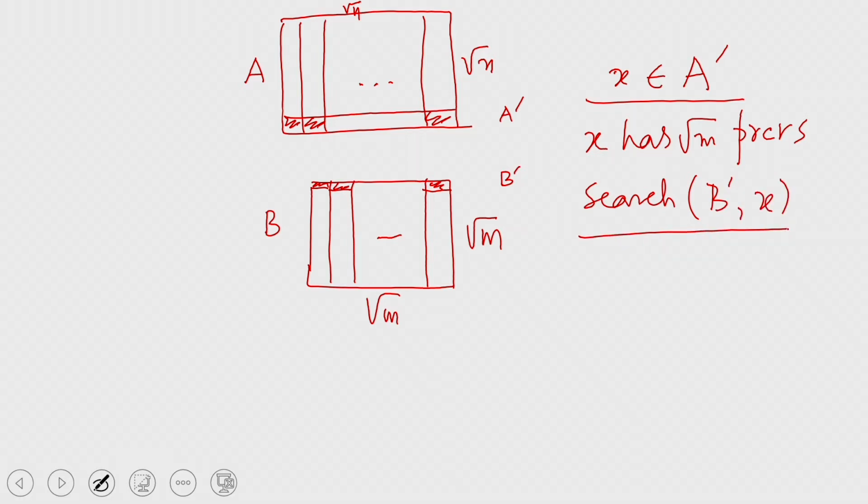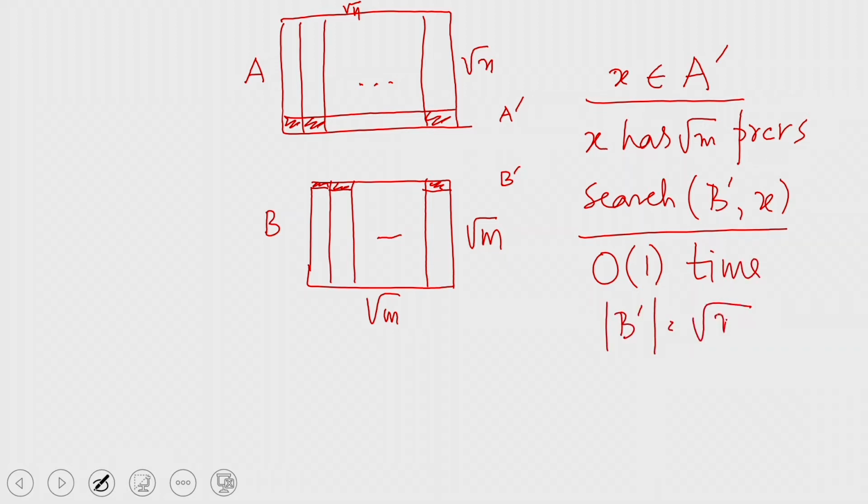This search can be executed in order one time. That is because B prime has a size of root m, and that is exactly the number of processors that x has. So, x has exactly as many processors as the search space size. Therefore, the search can be done in order one time.